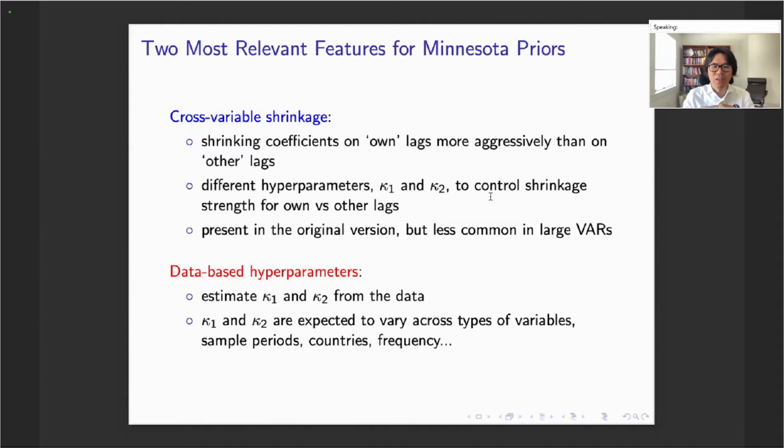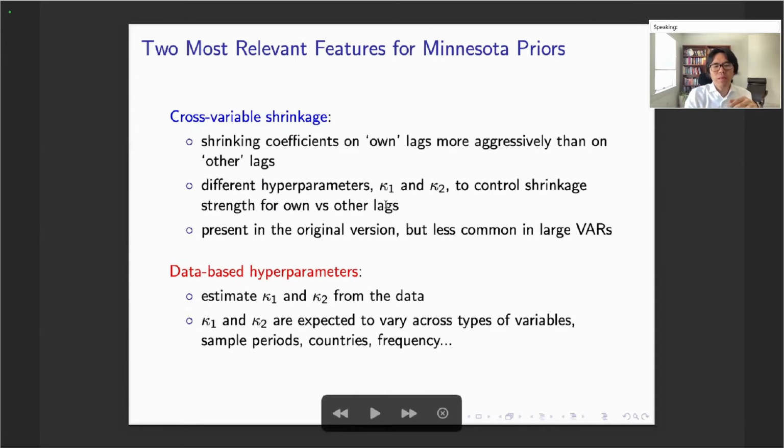This is the idea that you want to shrink the lags of other variables more strongly to 0 than your own lags. If you are in the inflation equation, you would think that coefficients on other lags, such as money or unemployment, tend to be on average smaller than on past inflation. So this cross-variable shrinkage is quite reasonable, and empirically it is also quite important.